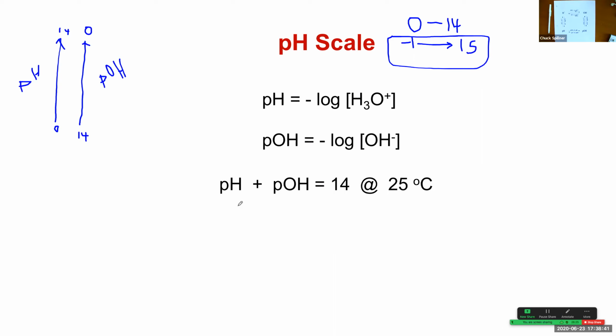So this is a direct result of the equilibrium constant. So pH plus pOH equals 14. That's why the scales run opposite. So if pH is 14, pOH is 0. If pH is at neutrality, they're both 7. If pH is 0, pOH is going to be 14. This is kind of nice because if you know the pH, you can just take 14 minus the pH and get the pOH. So these are some calculations I'm going to ask you to do. So this is really handy to know.